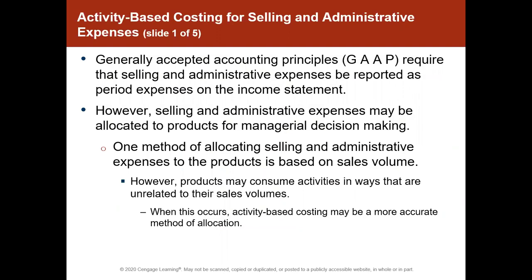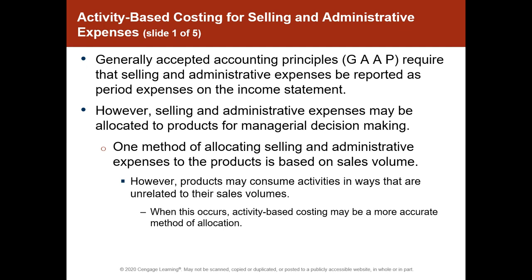So selling and administrative expenses can be allocated. They're often not. Often they're just put there as a single cost, but you can still use activity-based costing if you want to allocate those selling and admin expenses too. What you might find out is some products require a much more expensive marketing campaign than others, right?